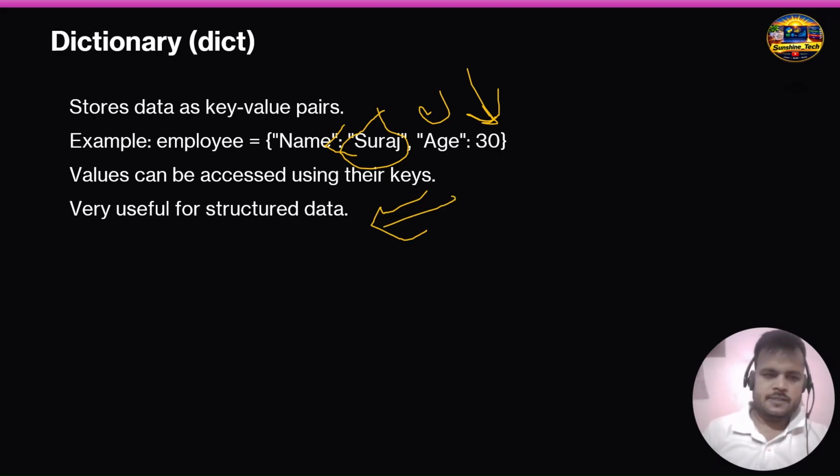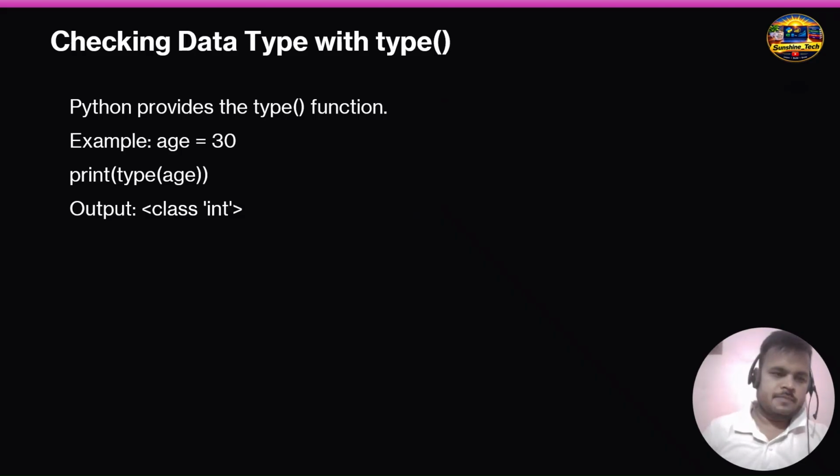Now we are checking some syntax, checking the data type. This is the integer data type. So how can we check it? The function we have here is type. We have shown an example here: print(type(age)).